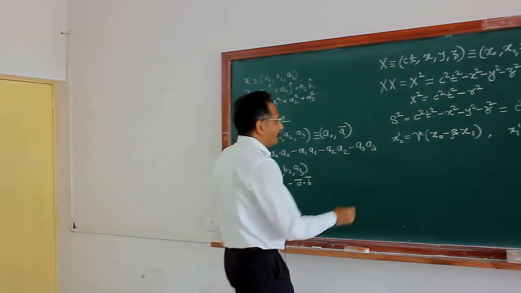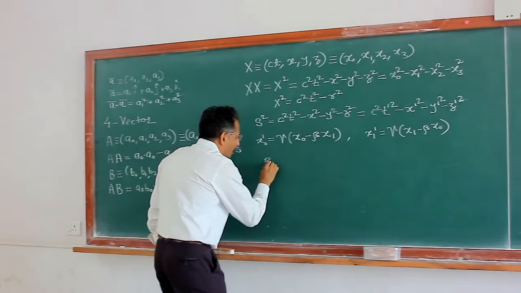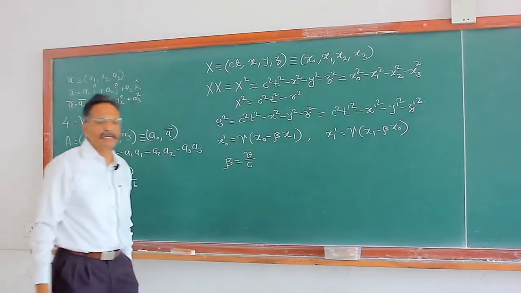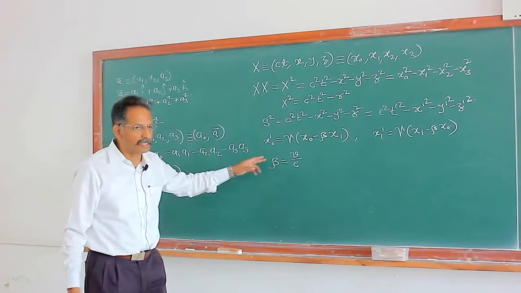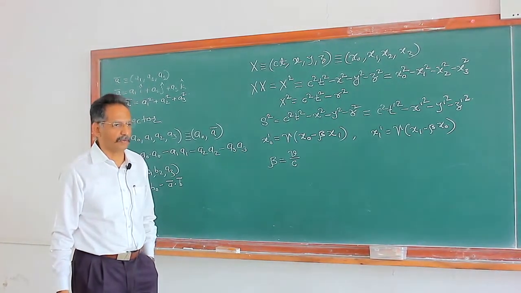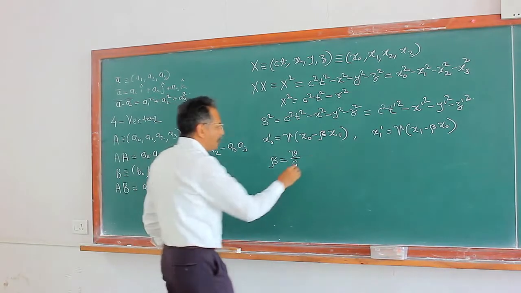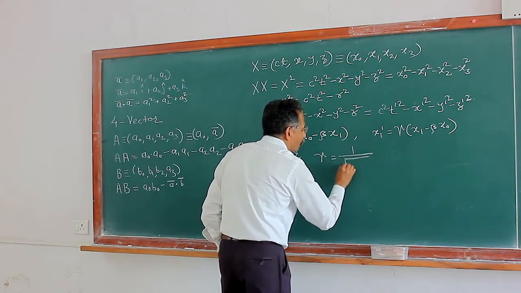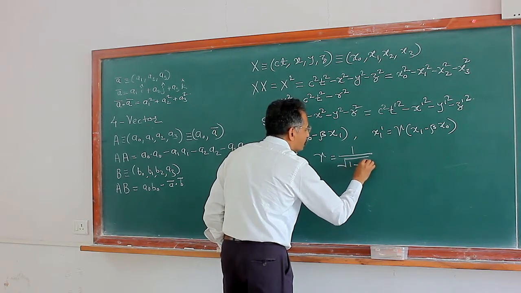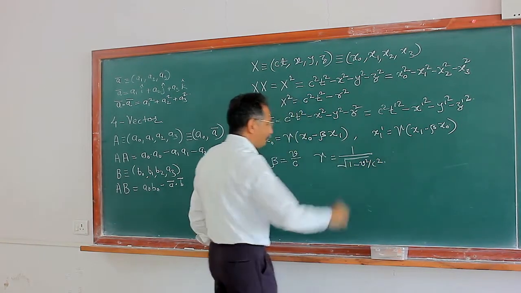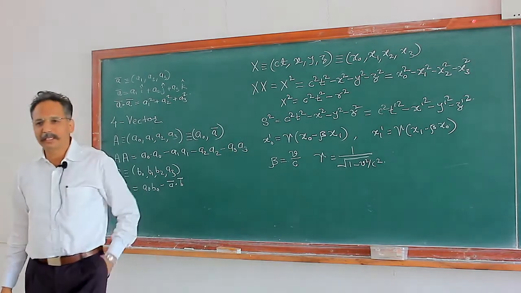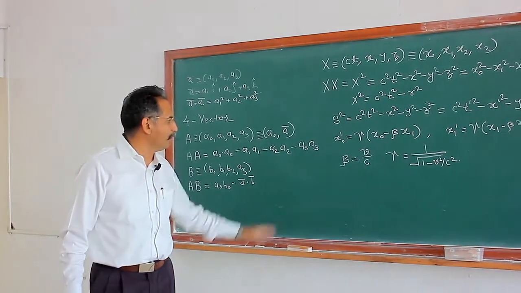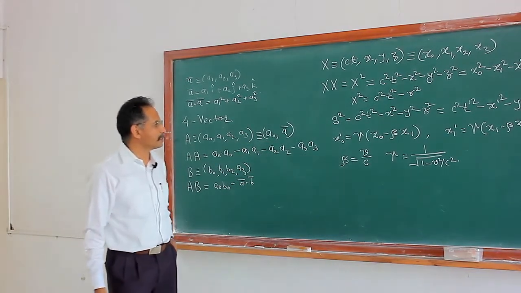Now here the meaning of beta is v upon c, where v is the velocity of the inertial frame of reference, and gamma we define as 1 upon under root of 1 minus v square by c square. So this is the abstract of relativity that I have given to you in these last equations.